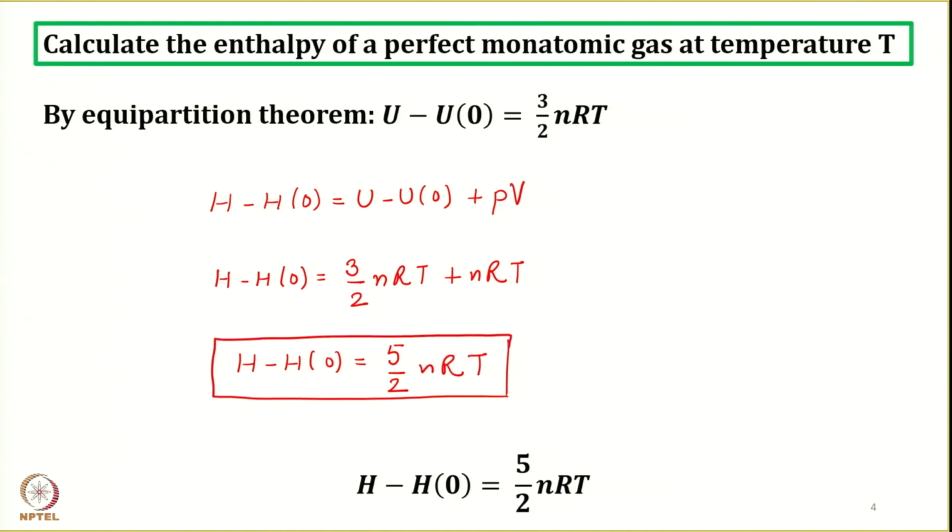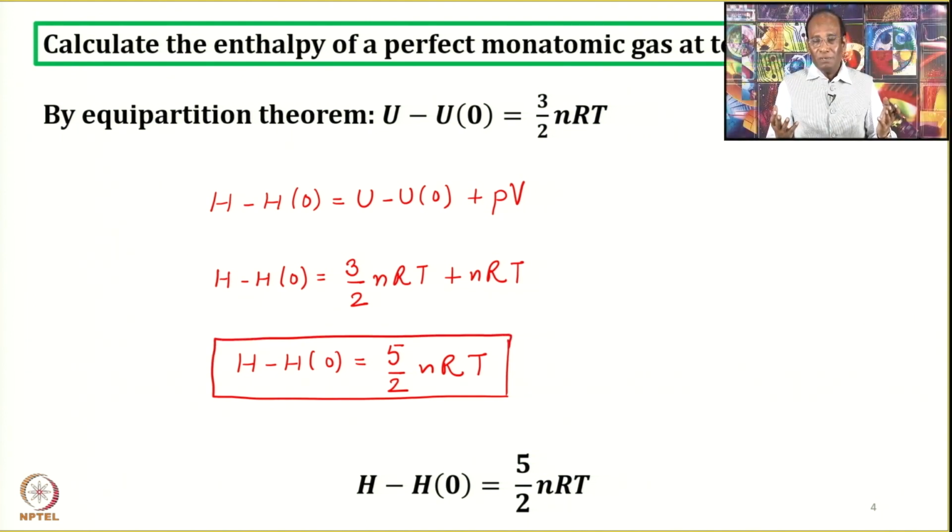We did not have to do much. We just used the equipartition theorem and the ideal gas law, PV is equal to nRT, and very quickly we are able to obtain an expression for H minus H0, or the enthalpy, equal to 5 by 2 nRT.